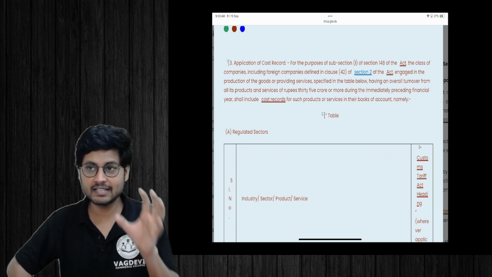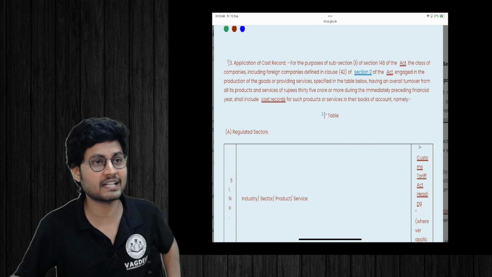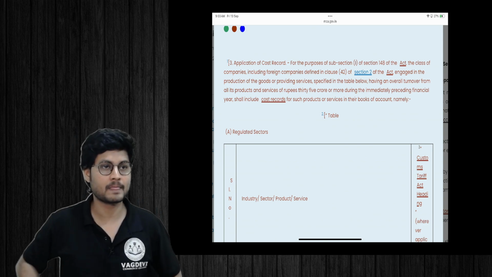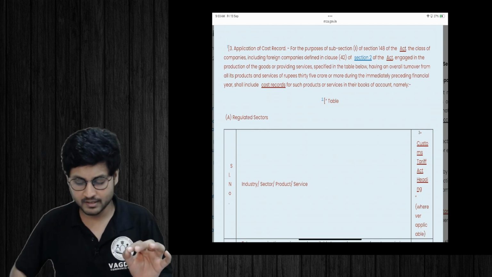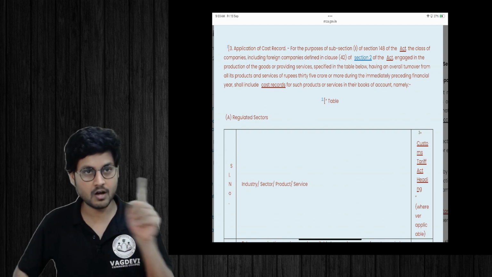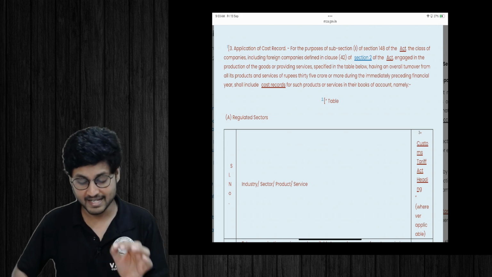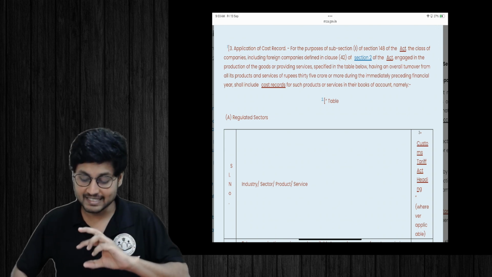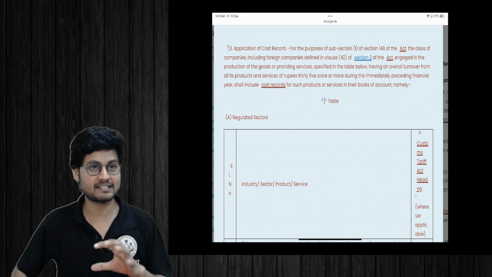If you are covered in those sectors, then what will happen? Cost accounting records may be applicable when an overall turnover from all its products, all, it is written there, all its products and services, of rupees 35 crores or more during the immediately preceding financial year.